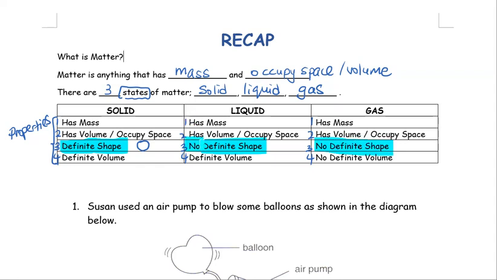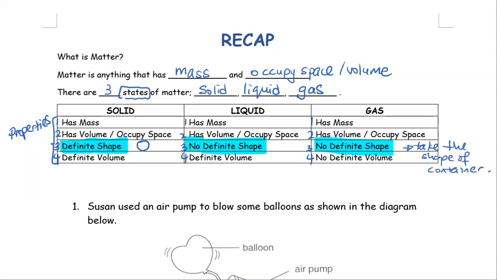If you blow air into a round balloon, the air will take the round shape. If you blow air into a Mickey Mouse shaped balloon, it will take the shape of the Mickey Mouse. So no definite shape means it takes the shape of the container. This is for the liquid and the gas.